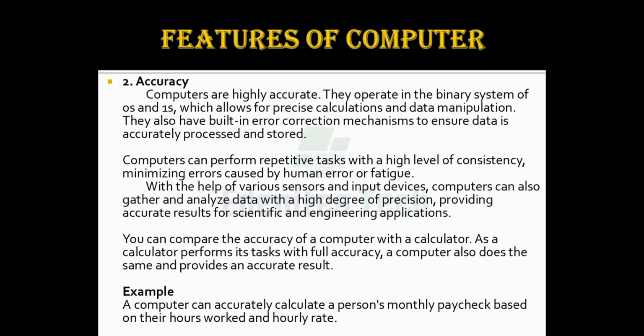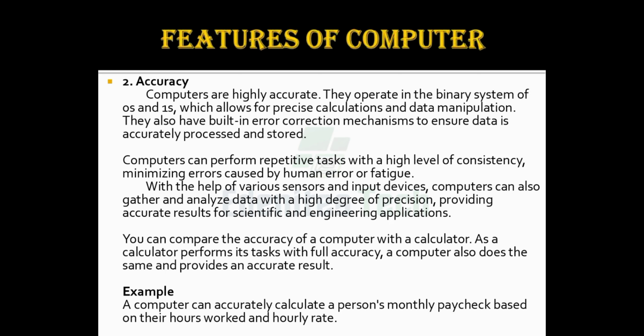Now we move to the next feature, which is accuracy. Computers are highly accurate. They operate in the binary system of the 0s and 1s, which allows for precise calculations and data manipulation. They also have built-in error correction mechanisms to ensure data is accurately processed and stored.